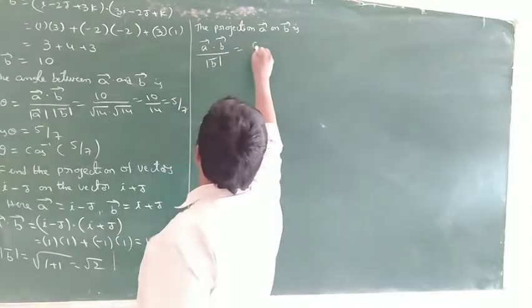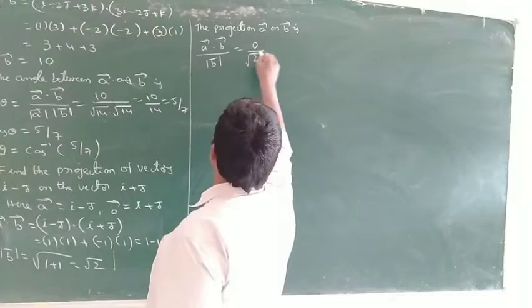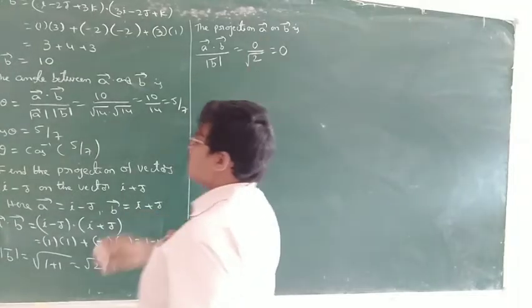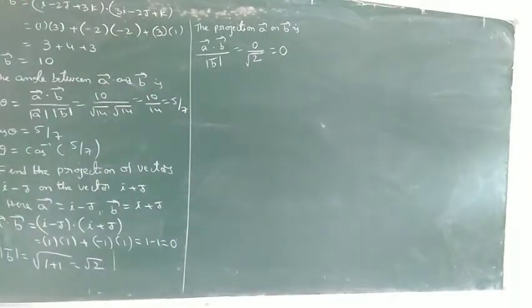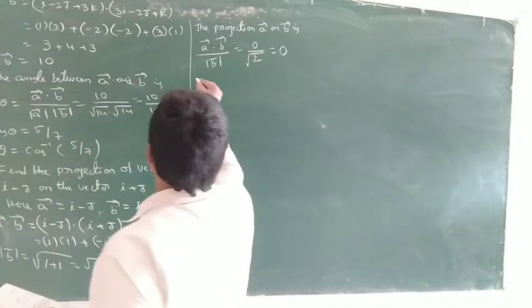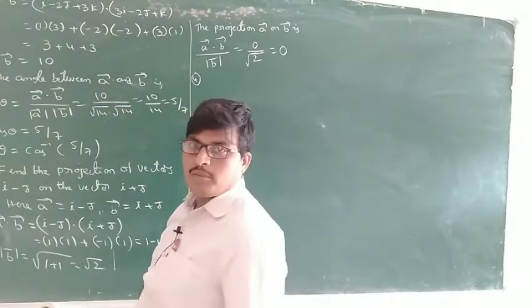A bar dot B bar equal to 0, 0 by root 2 is equal to 0. Okay, projection is 0.